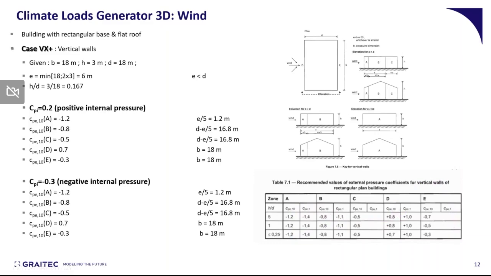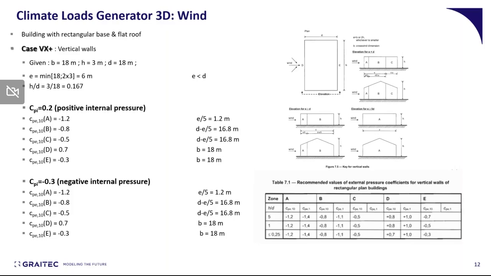However, there is also the internal pressure and the coefficient of the internal pressure, the CPI coefficient. According to the Eurocode, there is normally an equation to calculate this coefficient.